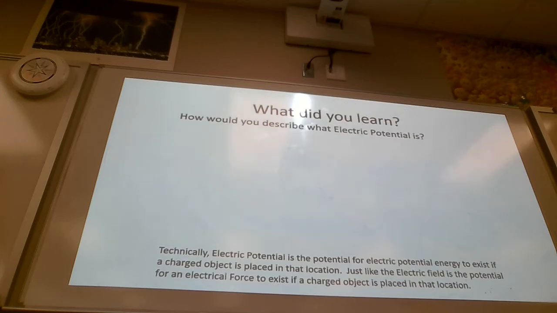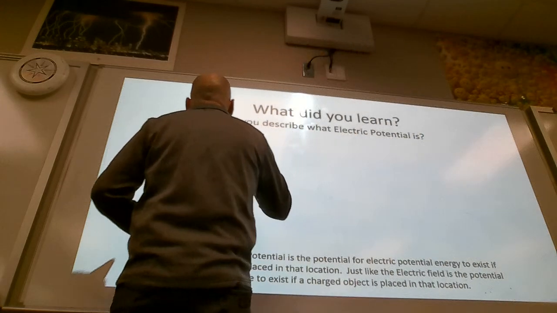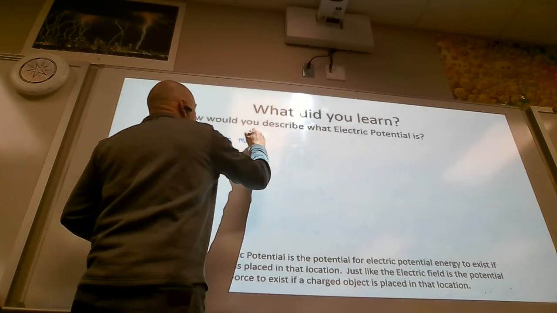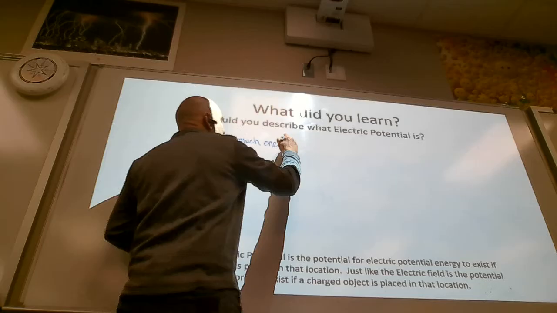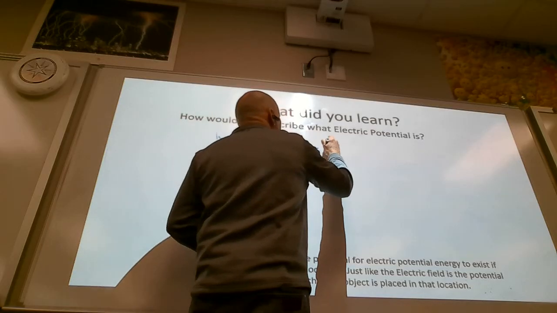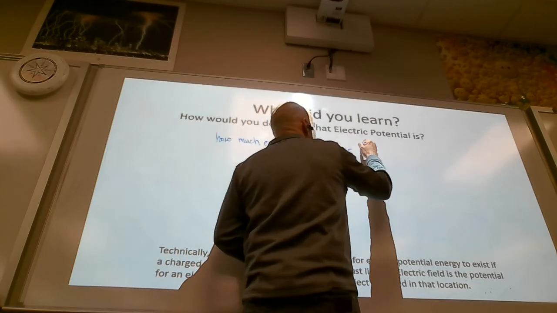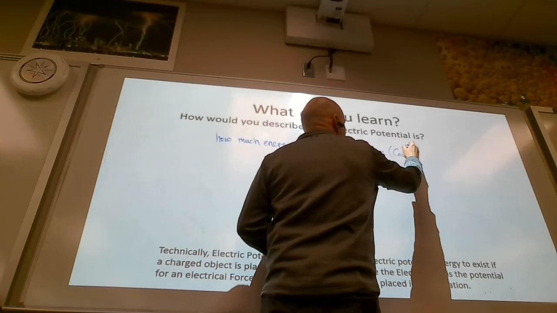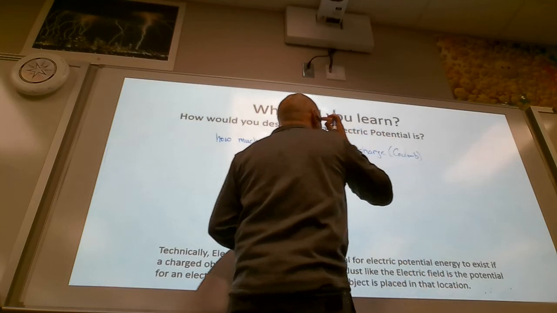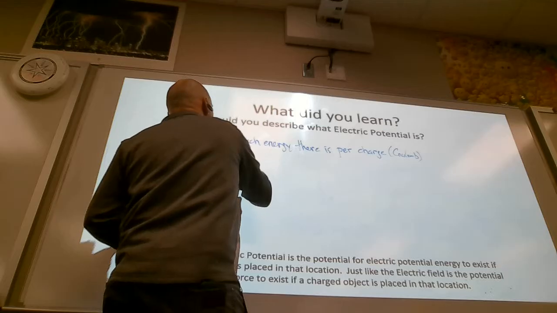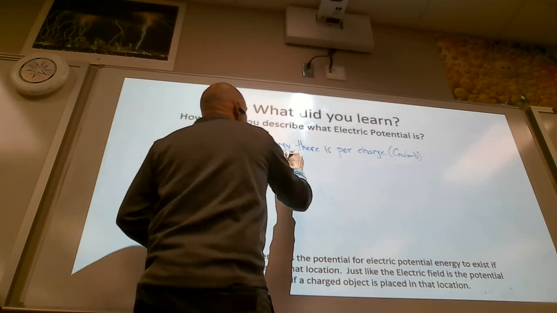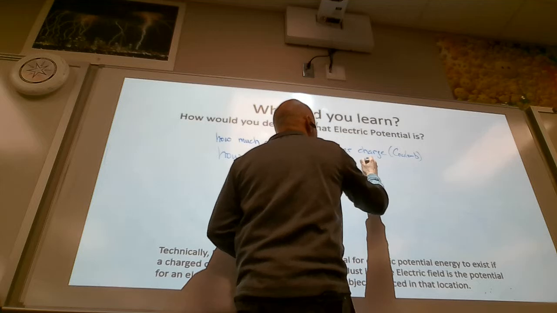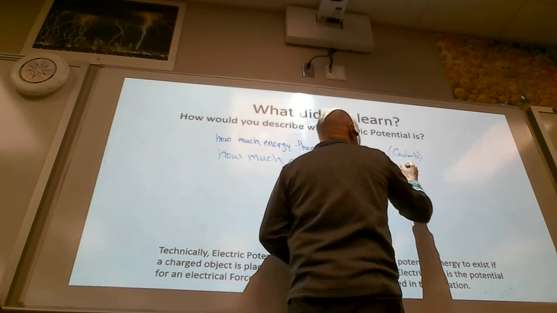What is electric potential? This is technically how much energy there is per charge. This is what a textbook would say, per coulomb. I'm gonna boil that down conceptually: it is how much energy there is per electron.